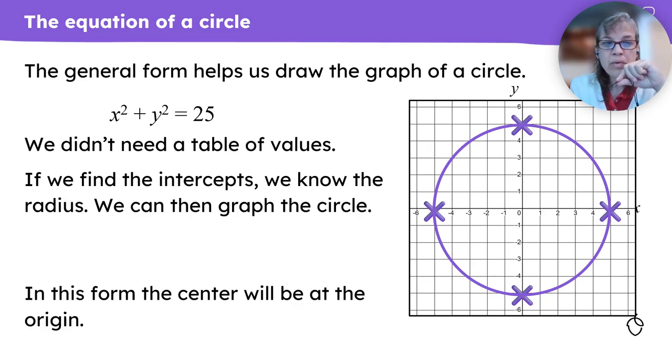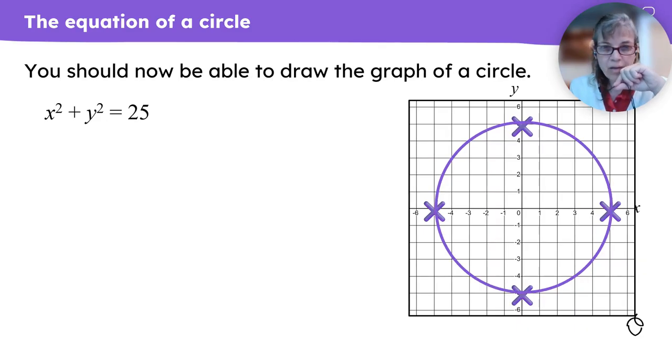So you might notice that we didn't even need a table of values, or not many. If we know the intercepts, the y-intercept, the x-intercept, then we can know the radius and we can graph the circle. Remember, it's always going to be center at the origin in this form. So now you should be able to draw the graph of any circle, especially those that work out evenly.